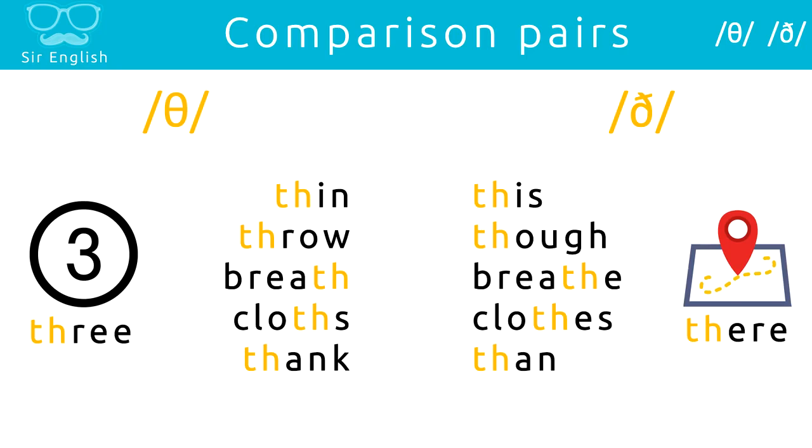So these are not minimal pairs because actually there are very, very few minimal pairs for these two sounds. These are comparison pairs. So the words are not the same but similar. But importantly, they contain the target sounds. So have a listen to each pair and repeat after me, focusing on the target sounds.